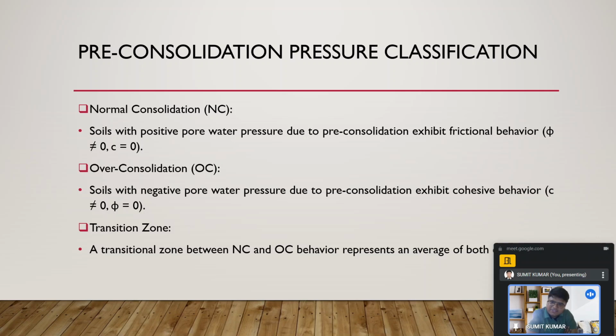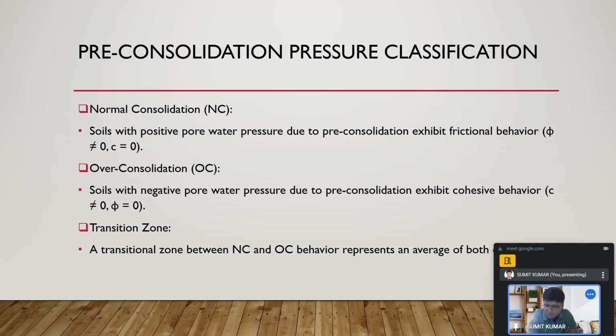If we talk about the positive pore water pressure due to pre-consolidation, it exhibits the frictional behavior. Hence, the value of c must be 0 if it is showing completely frictional behavior like the cohesionless soil. So, that soil is said to be NC, that is the normally consolidated.